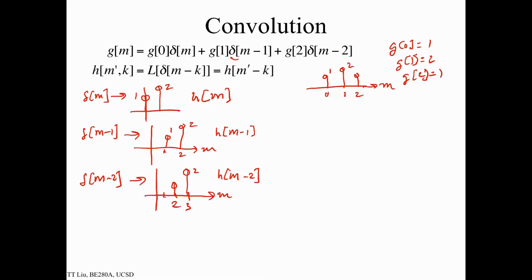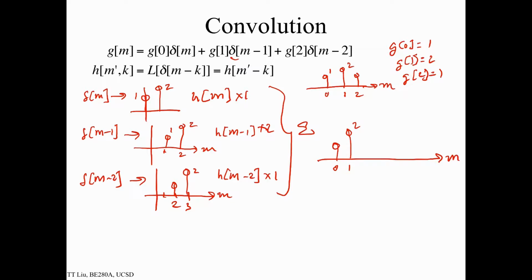All right, and similar to before, we simply take each of these, we weight them, so we multiply by 1, multiply by 2, multiply by 1, and then we're going to take all of these and sum them up. And so let's see what happens when we do that. So the first one is 1, 2, 0 and 1.